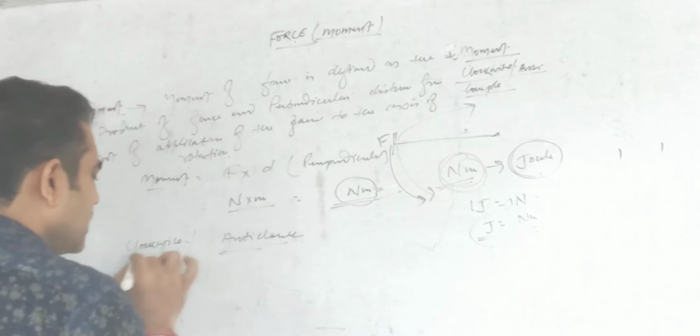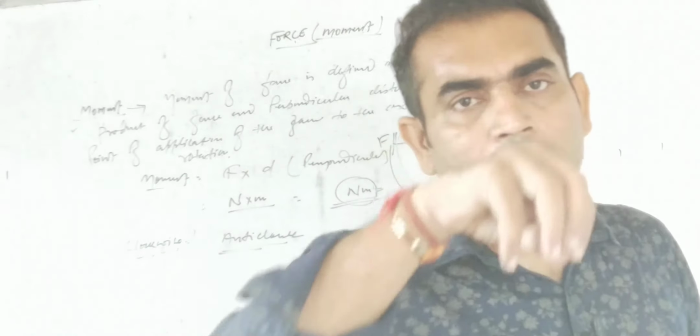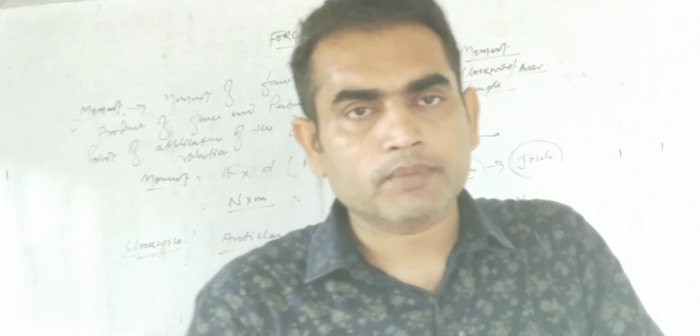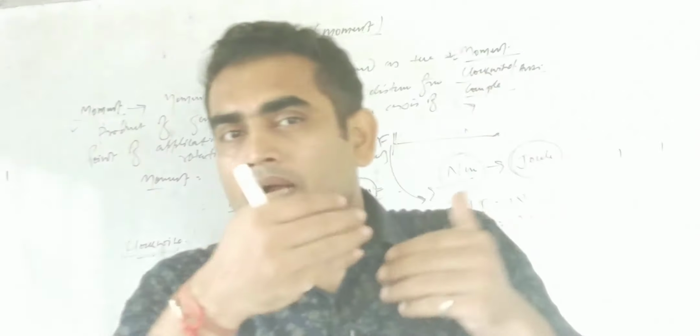So we will understand it in a simple way. Whenever we are applying a force on a rigid object that is pivoted to a particular point, due to the application of the force, the object starts rotating in a particular direction.